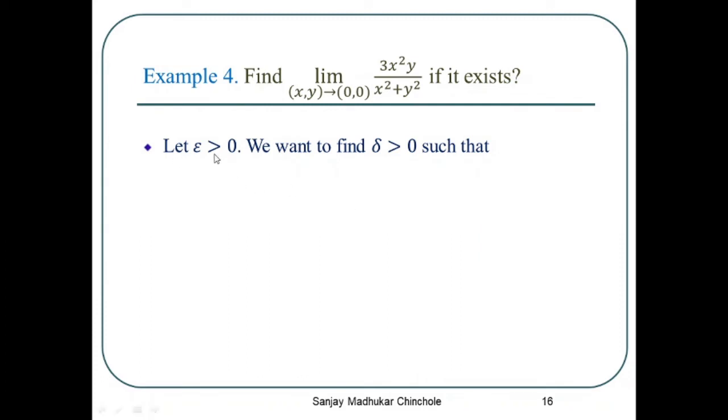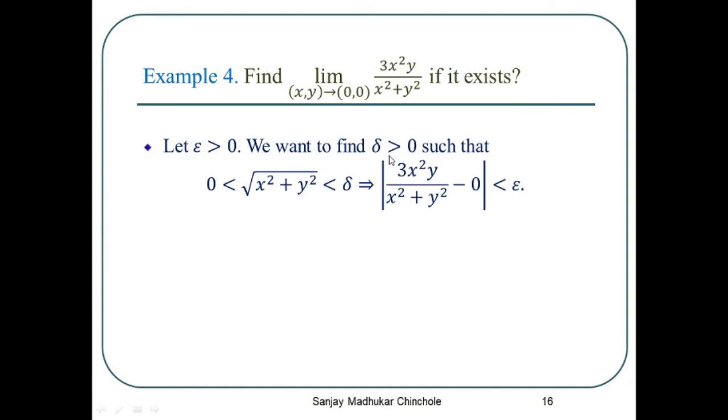Let epsilon be greater than 0. Now we want to find delta greater than 0 such that 0 is less than the square root of... what is our definition? In (x, y) tends to (a, b), the distance between (x, y) and (a, b) is less than delta. Here, instead of (a, b), we have the origin (0, 0), and the distance between (x, y) and (0, 0) becomes the square root of (x minus 0) whole square plus (y minus 0) whole square.